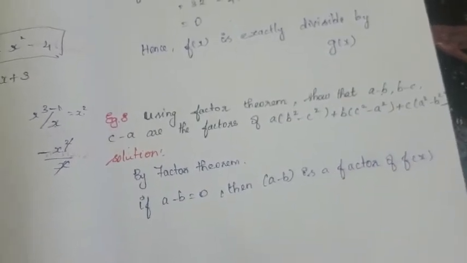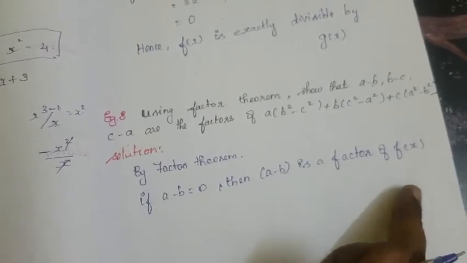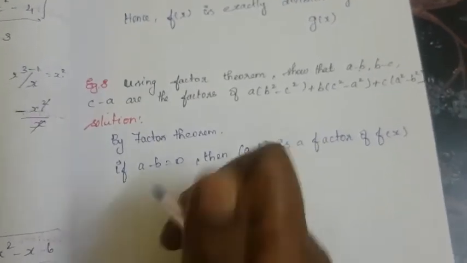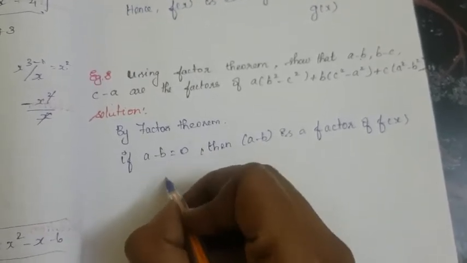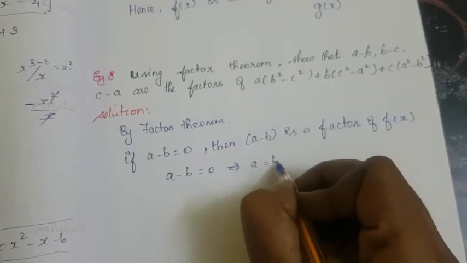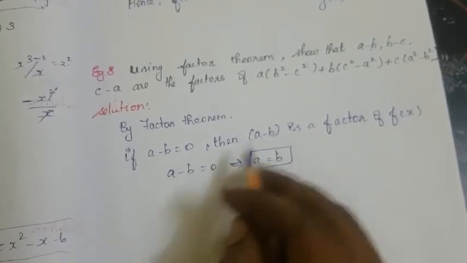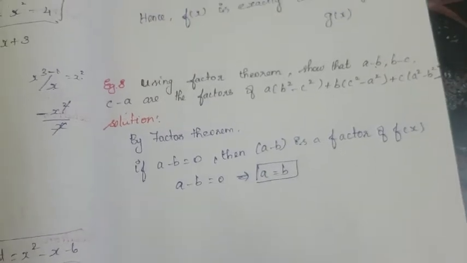So if a minus b is equal to 0, then what is the value of a? The value of a will be b. So this we are going to substitute in the given polynomial.